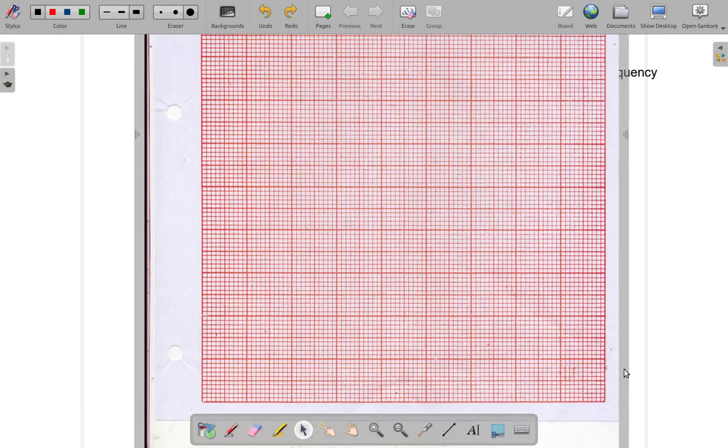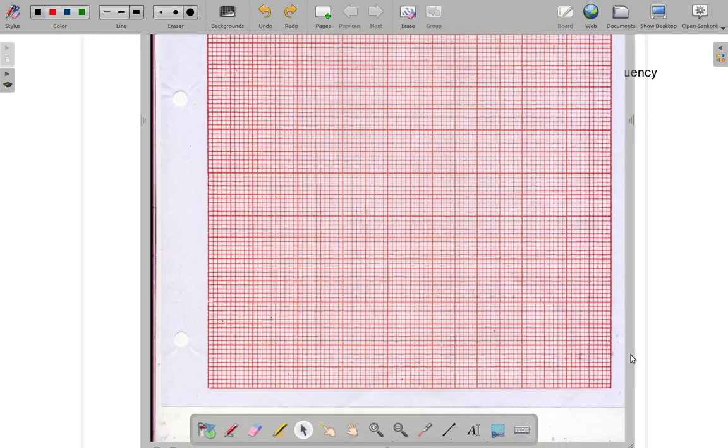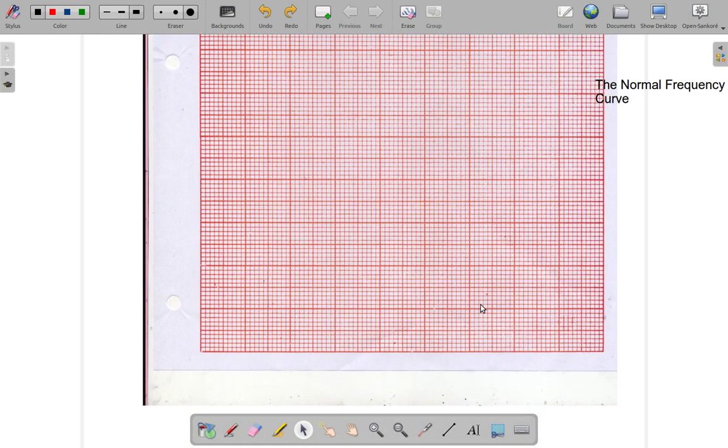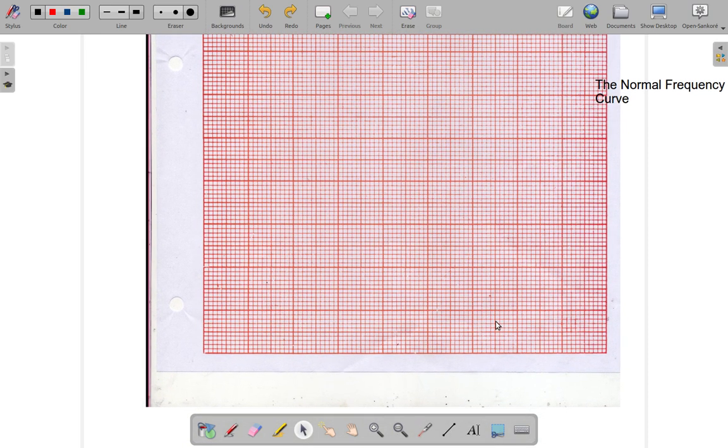Alright, now the thing is, what could possibly give rise to this normal curve? Let's see a possible example. Let us say that you have a large number of persons and you measure their height.